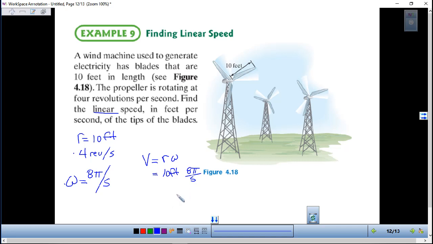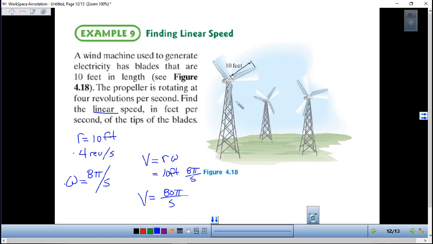Now, where I told you before that the radian measure has no units, this is not radian measure. It has a part that's radian, but it still has the per seconds. And any velocity that we come up with should be per second. So we're going to end up with 10 feet times 8 pi, which is going to give us 80 pi feet per second.